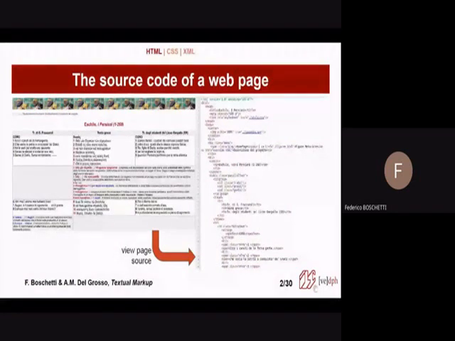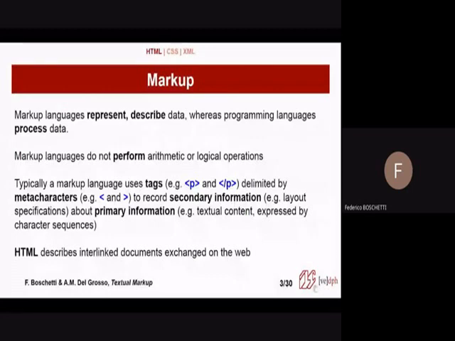So, what is markup? And what is the difference between markup languages and programming languages? The main difference is that markup languages represent and describe data, whereas programming languages process data. Markup languages don't perform arithmetic or logical operations.